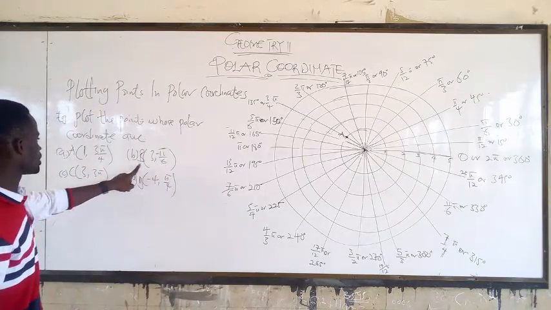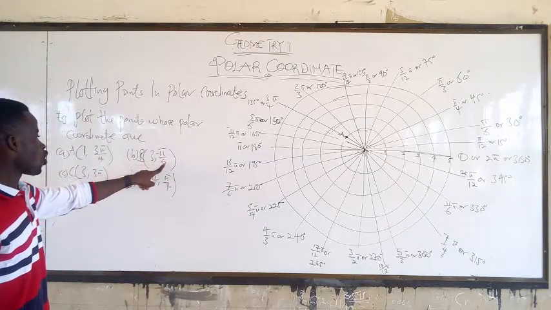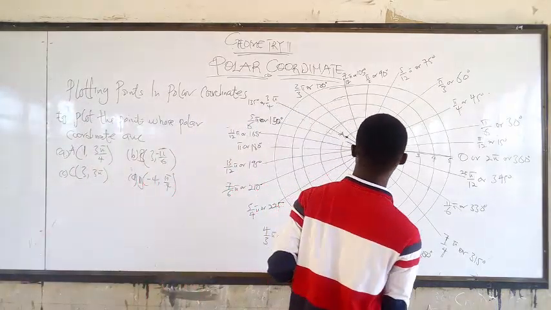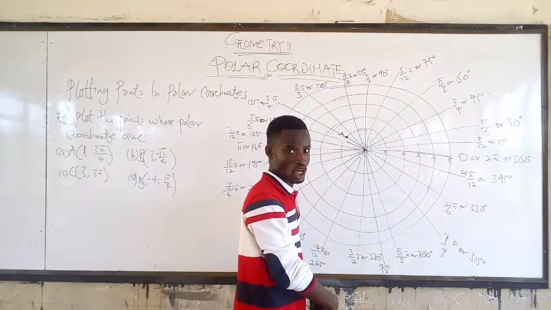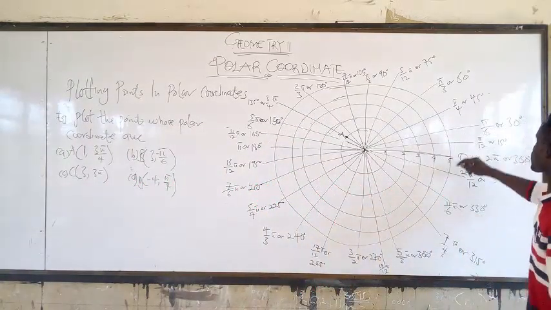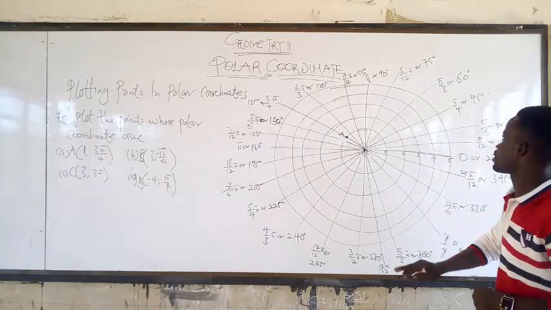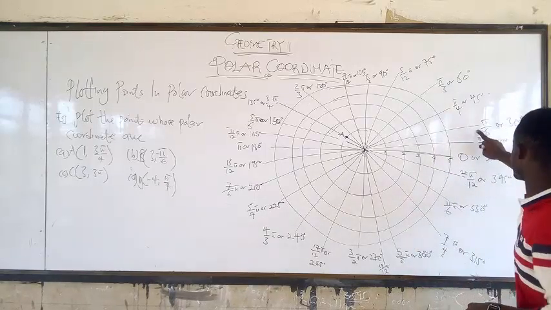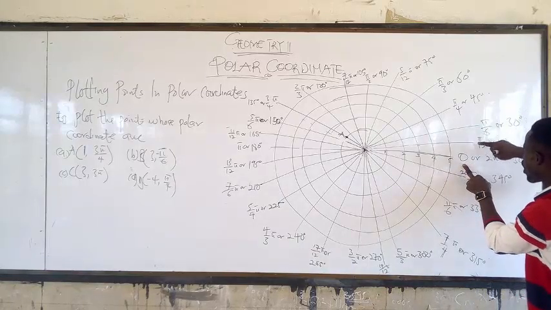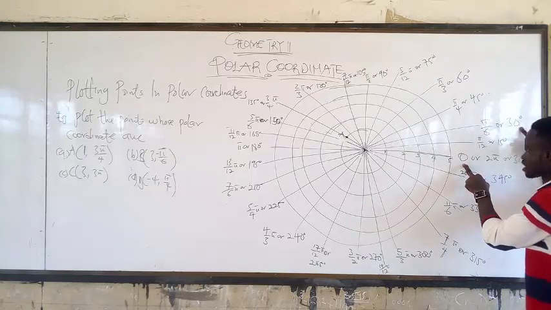Now let's go to B. Negative pi over 6. But first of all, don't be confused. Where is pi over 6? First, let's assume it's positive. Here is pi over 6, right? So from 0, you go to pi over 12, then you go to pi over 6, which is 30 degrees.